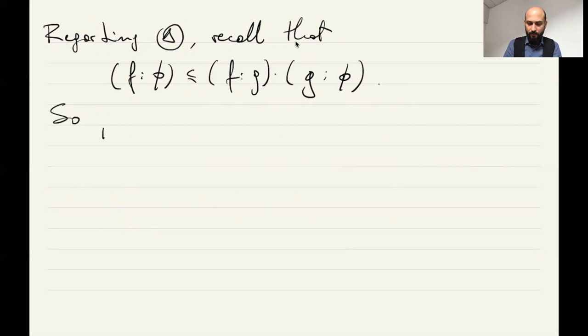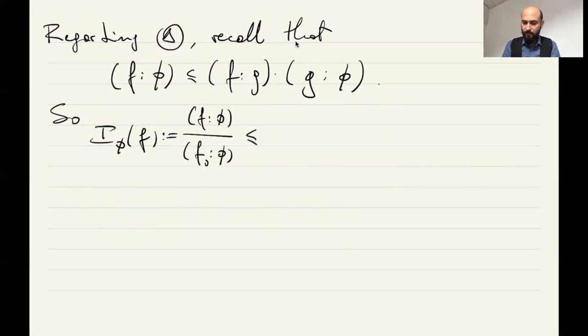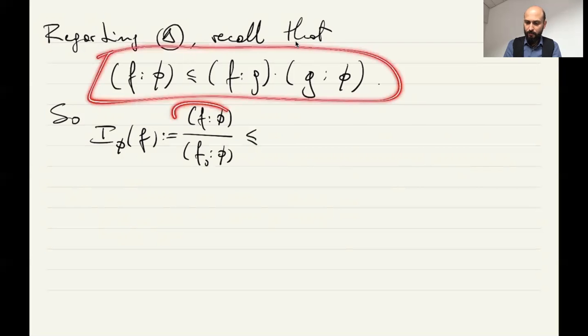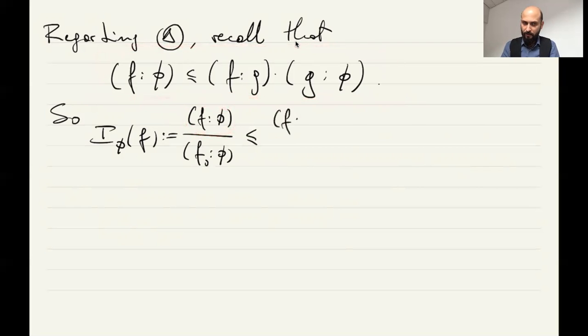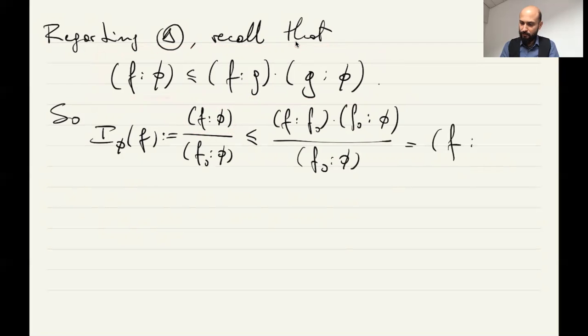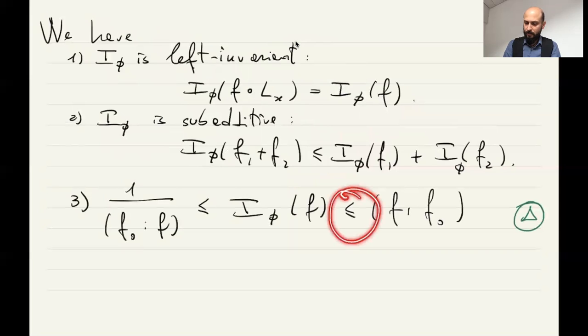So if you take I phi of f, which by definition was (f : phi) over (f0 : phi), now let's use this bound on the numerator, and we have (f : f0) times (f0 : phi) divided by (f0 : phi), which is (f : f0), so this simplifies, and this is the first bound in this formula.